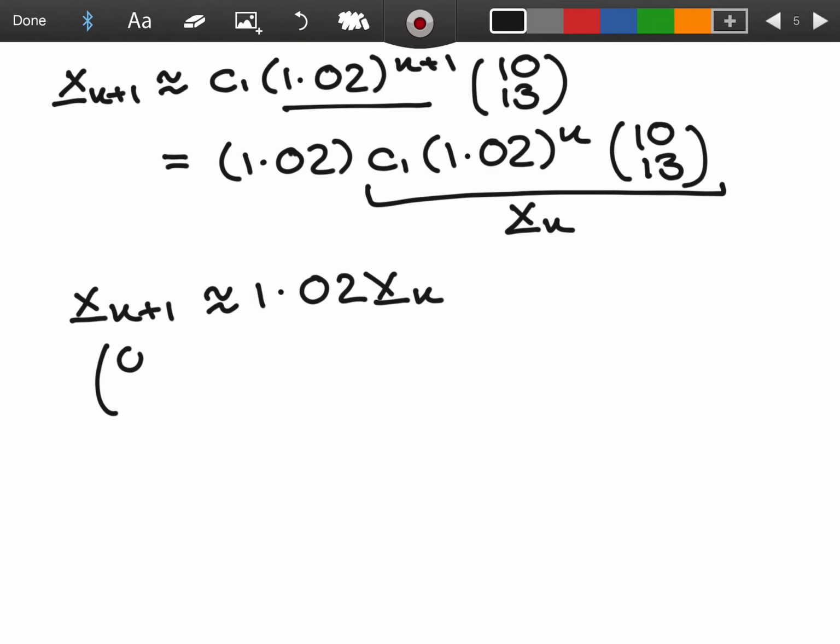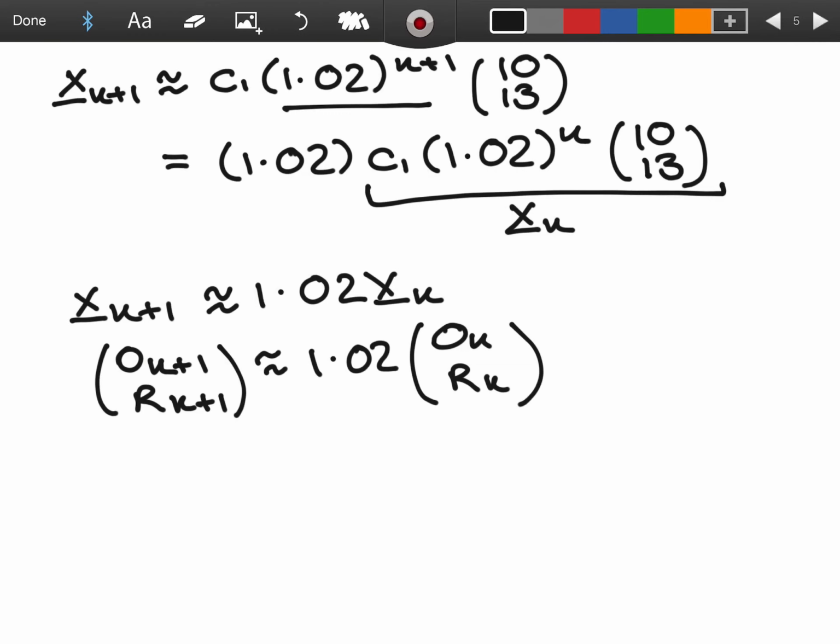So going back to what our x's actually are, this tells me that each month, for a sufficiently large k, the population of both my owls and the rats increases by 2% on average. So eventually, after enough months, both the owl and the rat populations increase by roughly 2% every month.